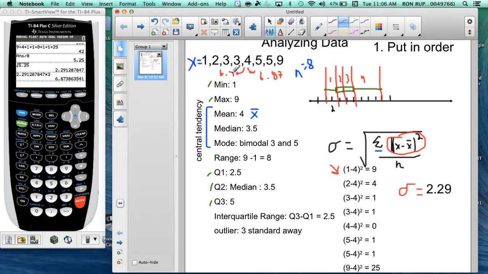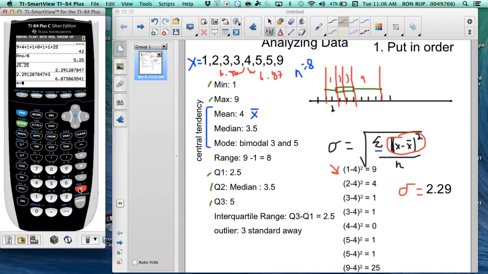And so you can see originally somebody might have thought that 9 was an outlier, but 4 plus 6.87 is 10.87. So 9 actually fits the data. It looks like it possibly could be an outlier, but it's within 3 standard deviations of our mean. So that's what we are going to use standard deviation for in this chapter.